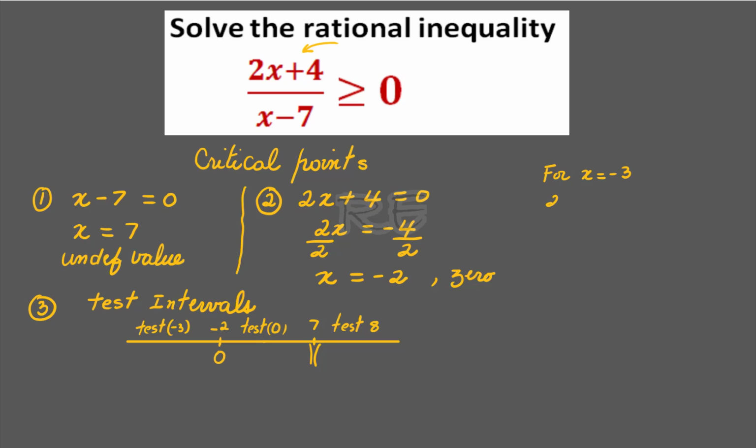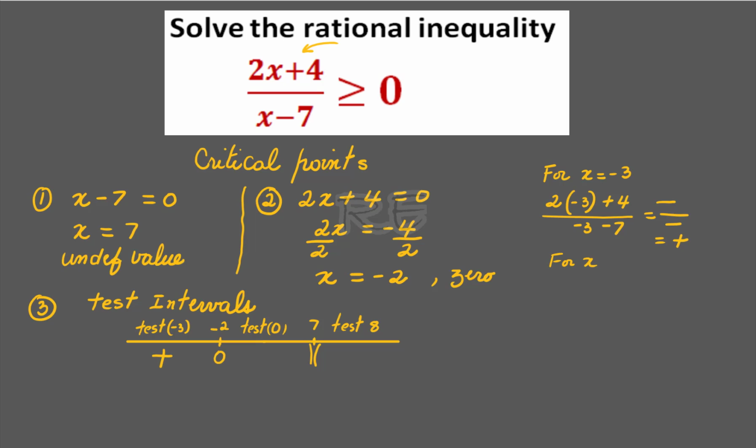For x = -3, (2 times -3 + 4) divided by (-3 - 7). Remember, we're only looking for the sign. 2 times -3 plus 4 is -6 + 4, which is -2, negative. -3 - 7 is -10, which is negative.